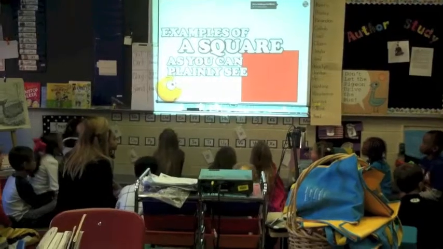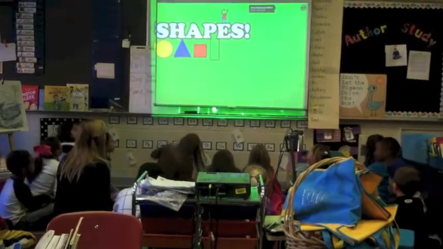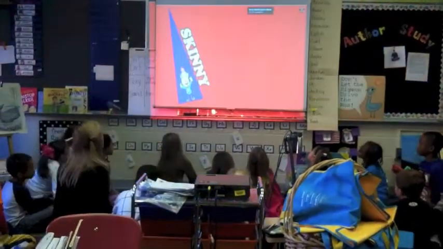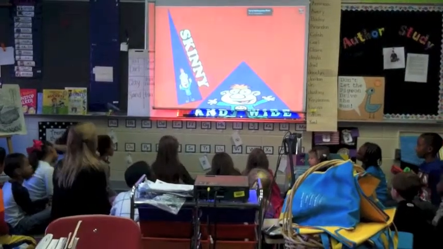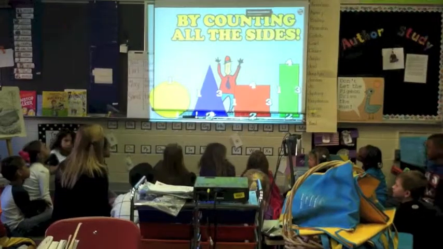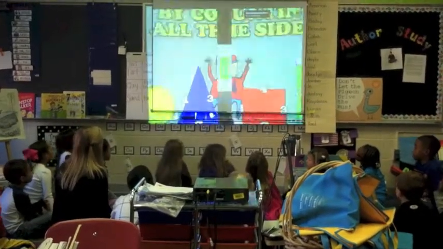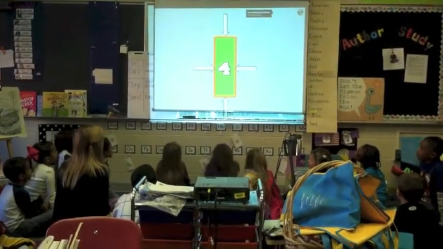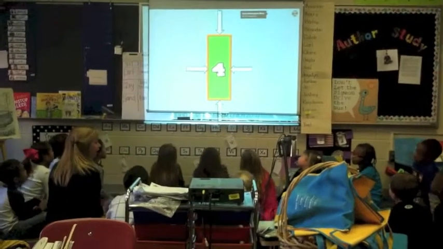As you can plainly see, shapes, tall and short, skinny and wide. You can tell what shape you're looking at by counting all the sides. A rectangle has four sides, two short and two long.